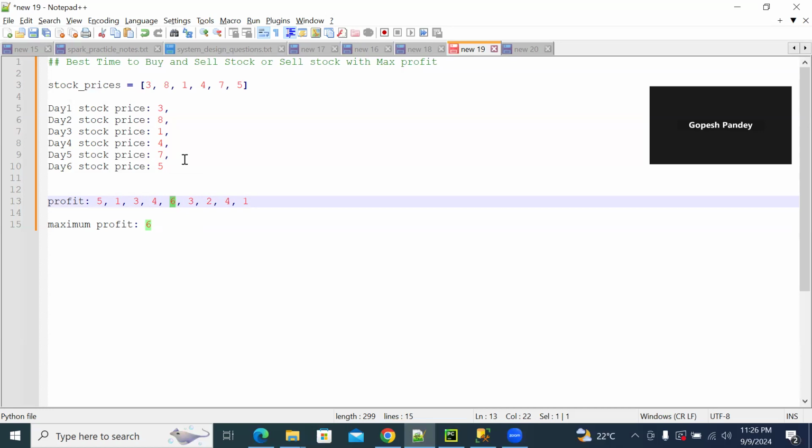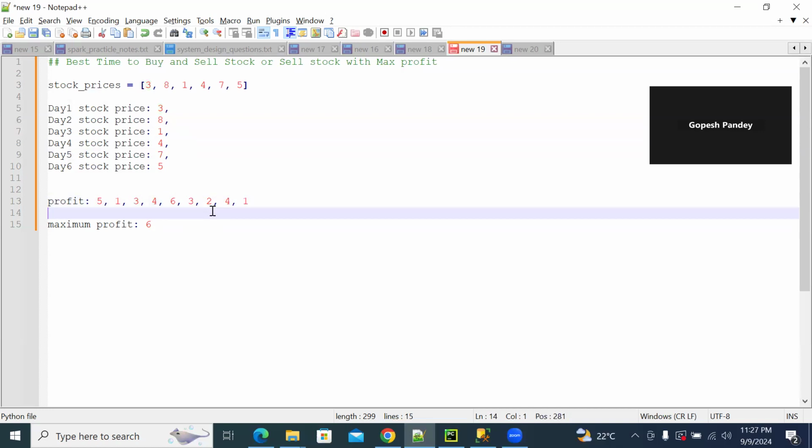Similarly, if you are buying a stock on day 4 with 4 rupees and selling with 7 rupees on day 5, you are getting a profit of 3. Likewise, now this is all done. So basically on every day, you have to look at the previous entries, previous day stock prices, and you have to compare. If you are getting any profit, you just write it down.